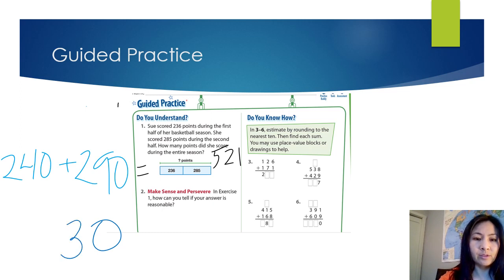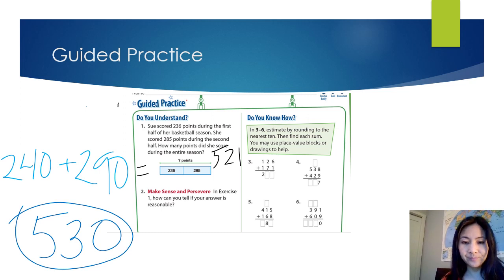Regroup. 100 plus 200 plus 200 is 500. So our estimated answer is 530. That is close to our exact answer. So our answer, 521, is reasonable.